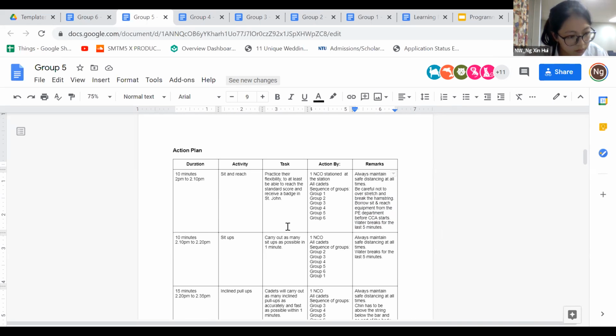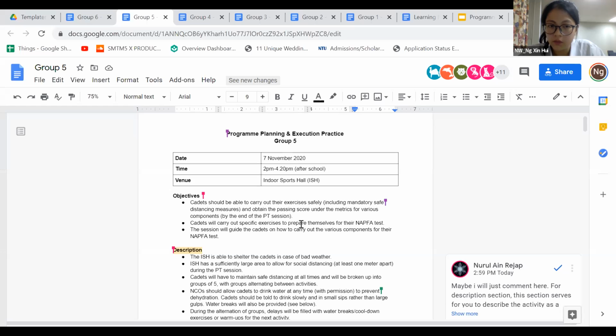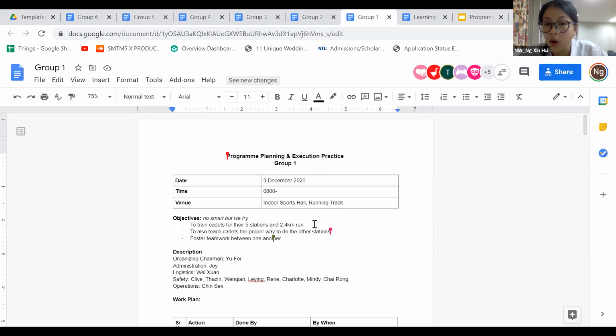So now, for contingency plans, I see many groups have talked about how you want to conduct your NAFA PT session in the indoor sports hall, which is pretty good because you are concerned about wet weather, right?